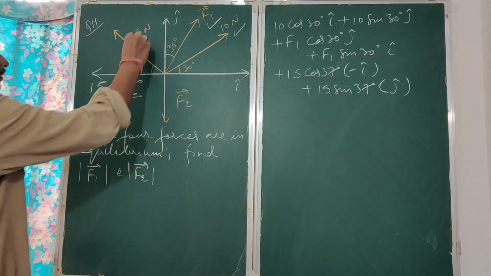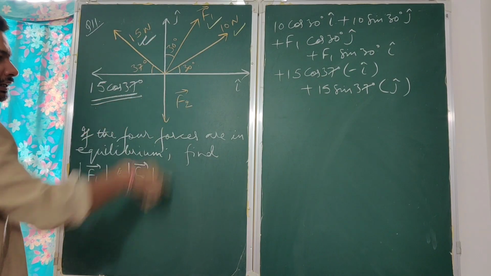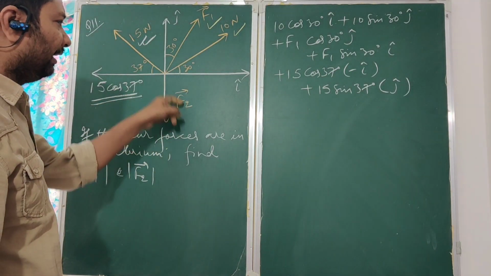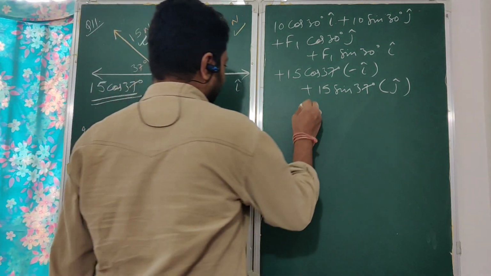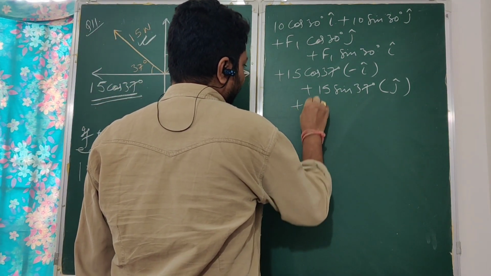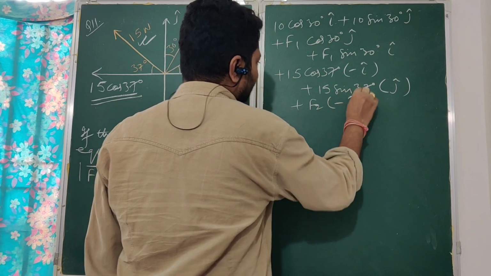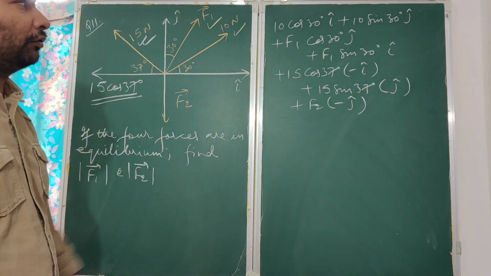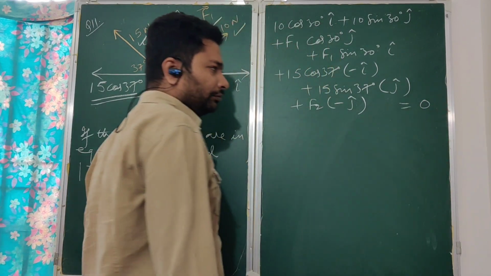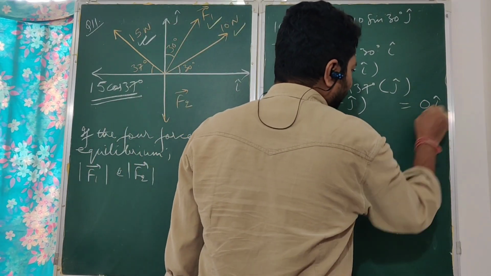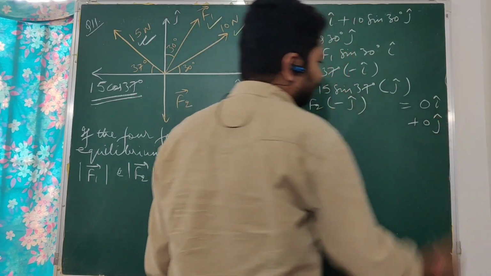So this force is also done. Now the last one is the f2 vector, and it is already along the negative y axis. So we can just write it as f2 along minus j cap.